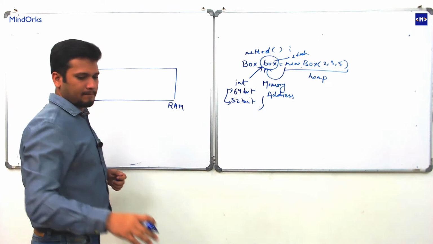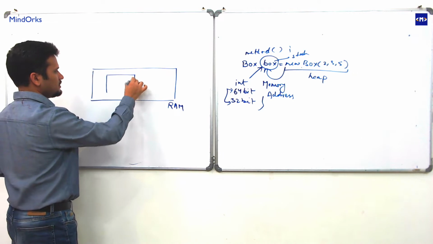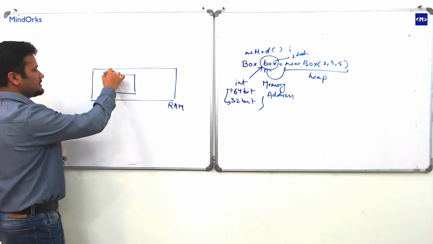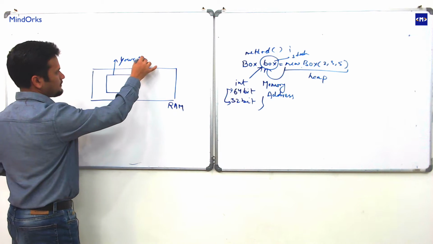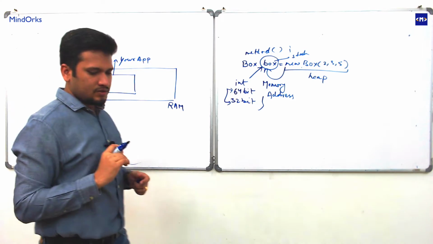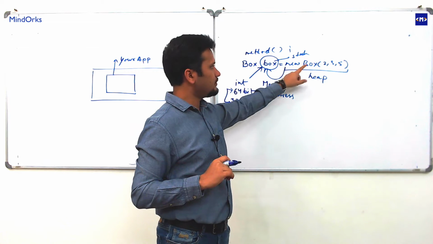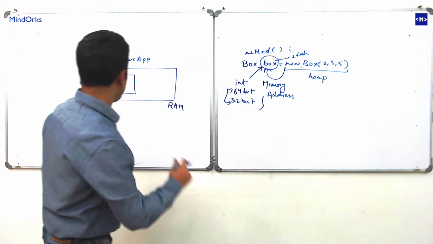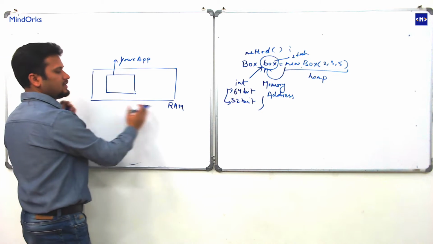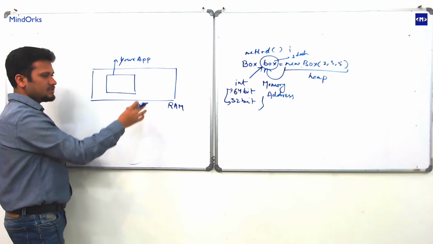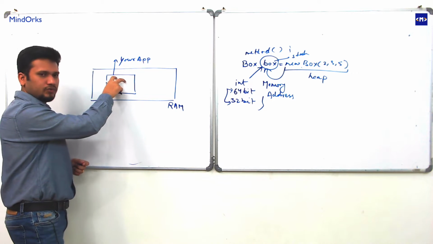And this is the heap space allocated to your application. So when you create a box using the new keyword, when you create an object, this allocated space is for you in the RAM. You don't have the entire RAM for you. The Android system only gives this much memory to you for use.